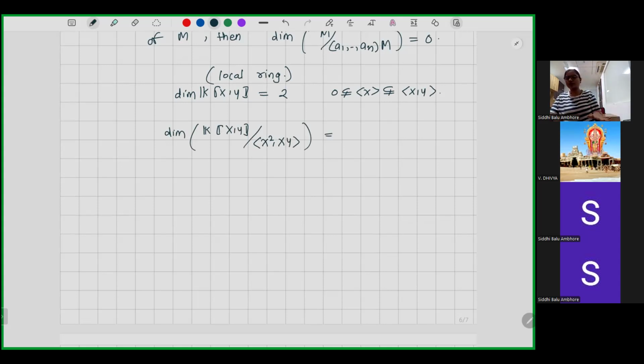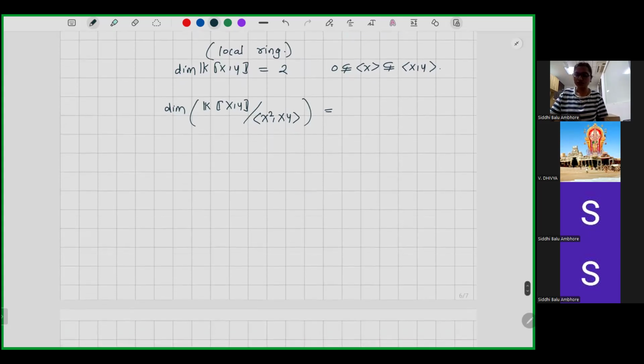When we want to find the dimension of this ring, we have to find a chain of ideals containing the ideal (x square, xy).